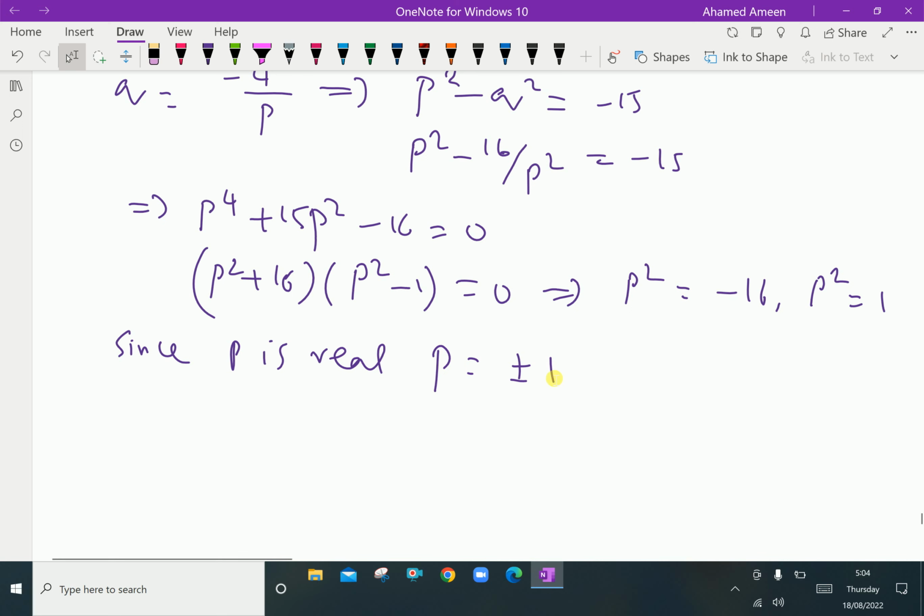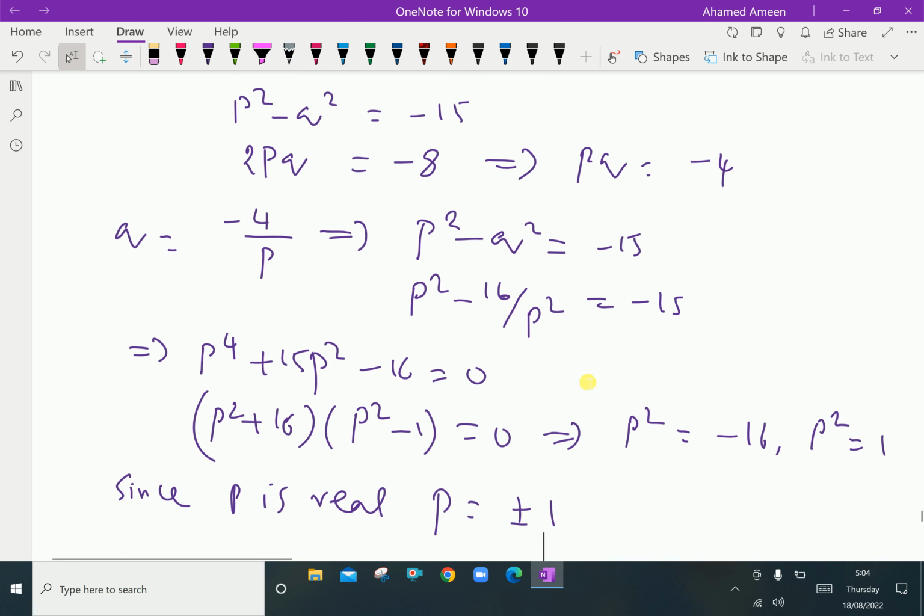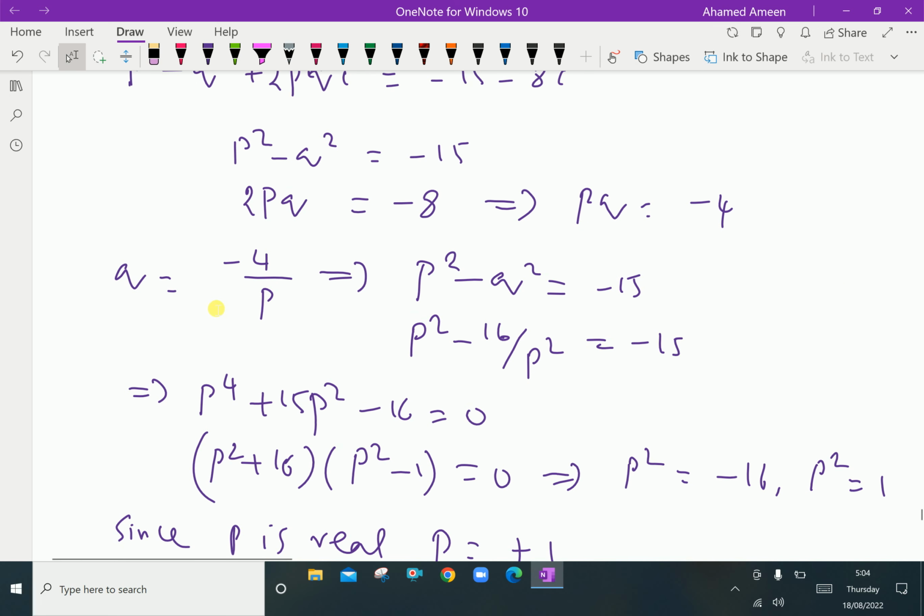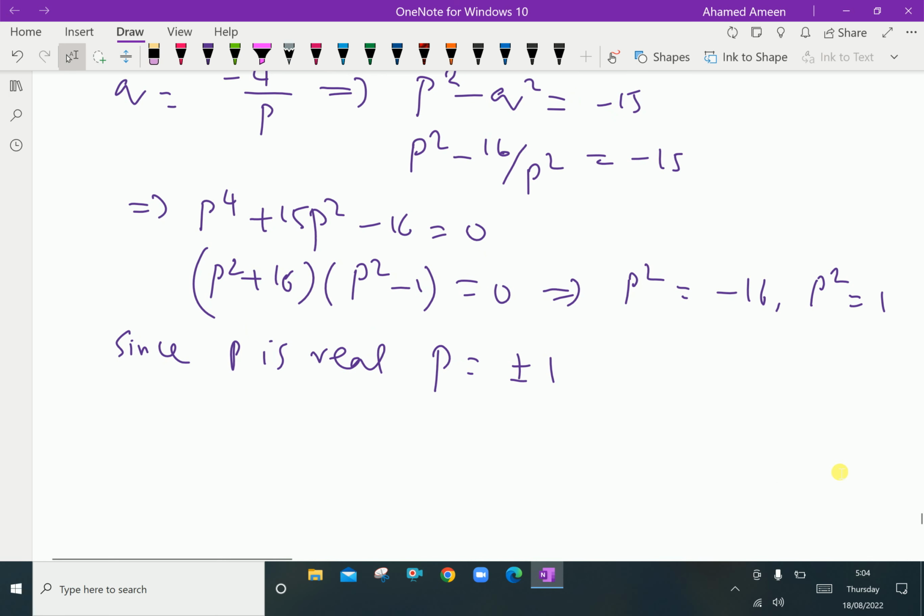That is, if you substitute p equal to 1, q is minus 4 by p, so we have p equal to 1 and q equal to minus 4, and the other root p equal to minus 1 and q equal to 4.